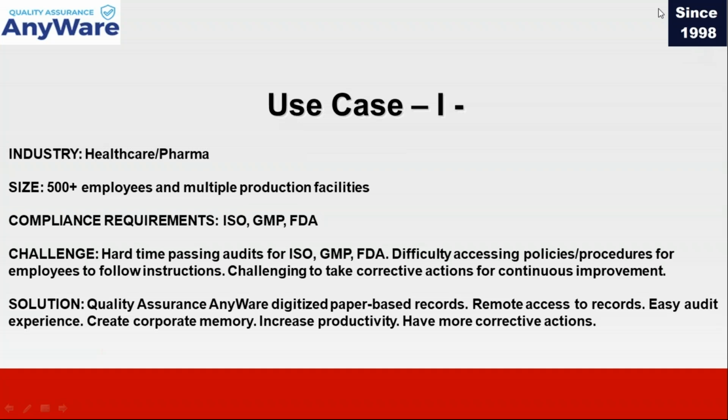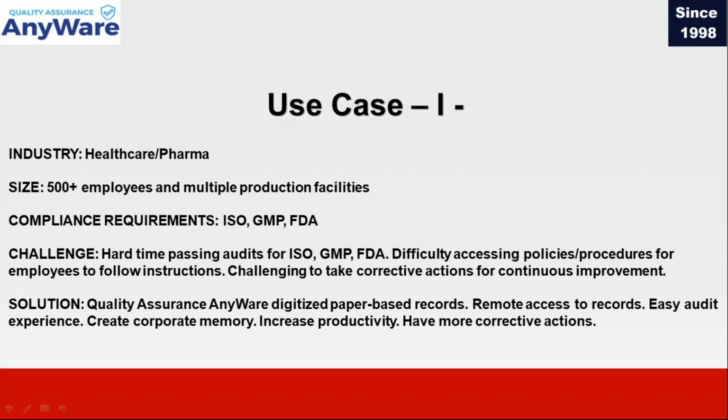So when we deployed quality assurance anywhere at this customer's location, we first of all help them digitize their paper-based documentation and policies and SOPs. And then they started to access the system remotely, which was another advantage for them because they have multiple locations. And once we deploy quality assurance anywhere, and they actually fill the system with their data, they were ready for audit.